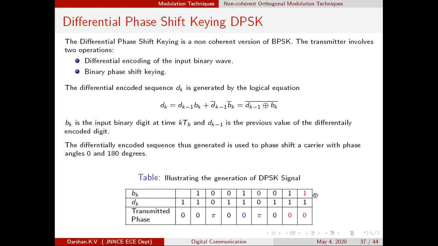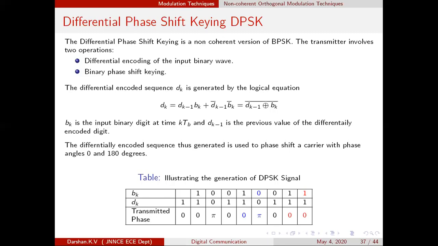The second row indicates the differentially encoded data as per the equation. Based on this differentially encoded data, you do BPSK modulation. If the encoded bit is 1, the phase is 0. If it is 0, the phase is pi. This is how you have generated a DPSK signal.